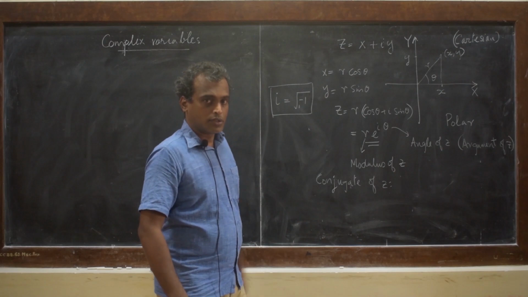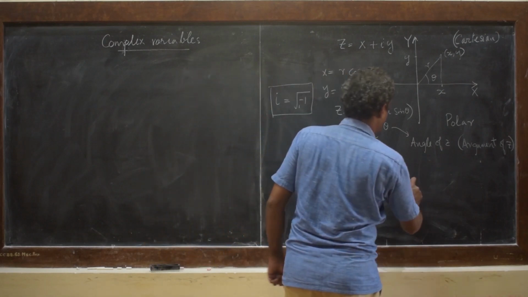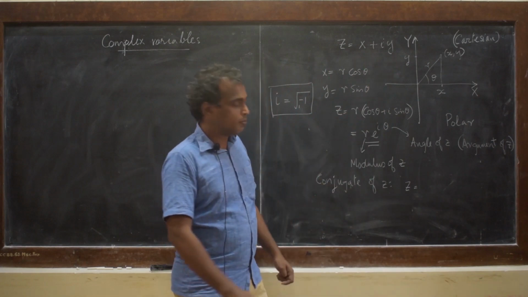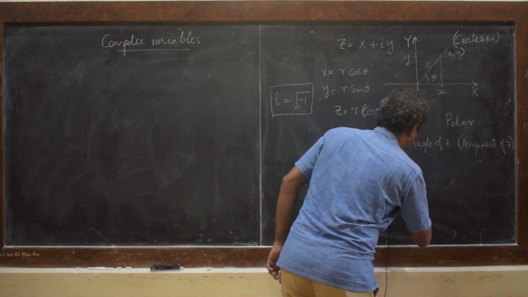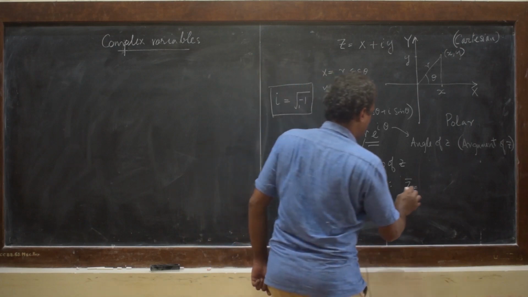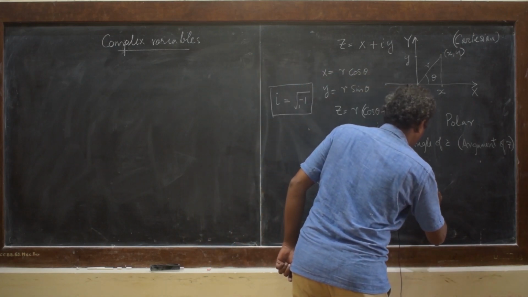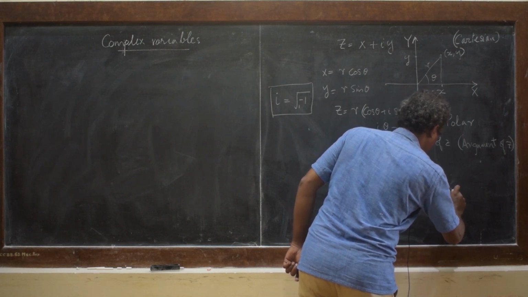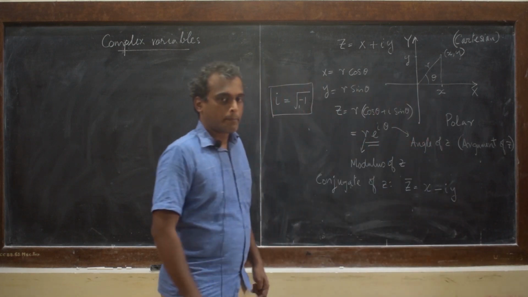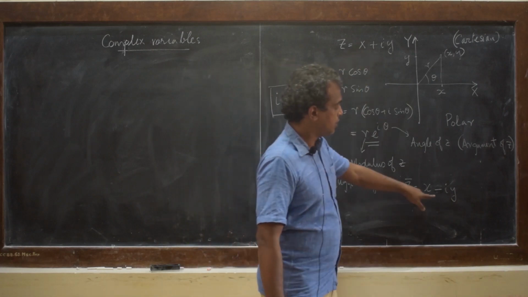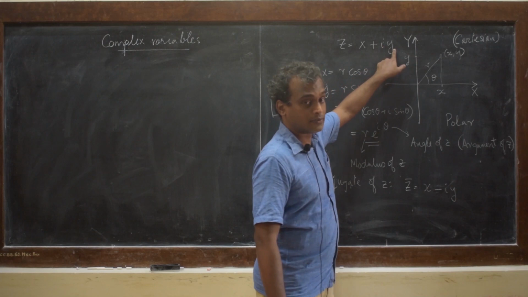The conjugate of a complex number expressed in the Cartesian form is denoted using z bar, and it is equal to x minus i y, wherein we retain the sign of the real part while changing the sign of the imaginary part.